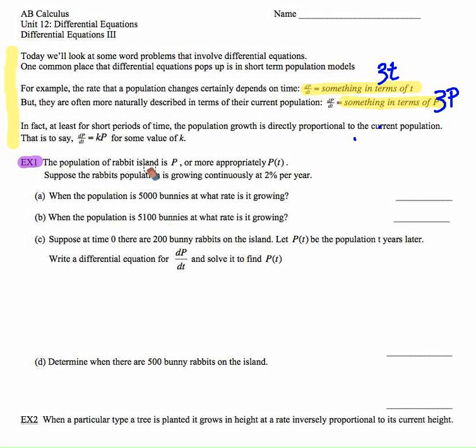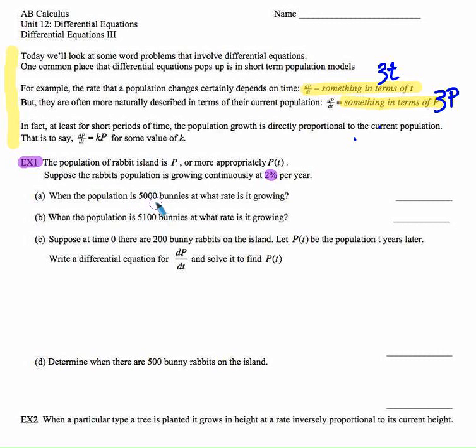So we have a rabbit island. Its population is growing continuously at 2% per year. So this is 2% of the population.